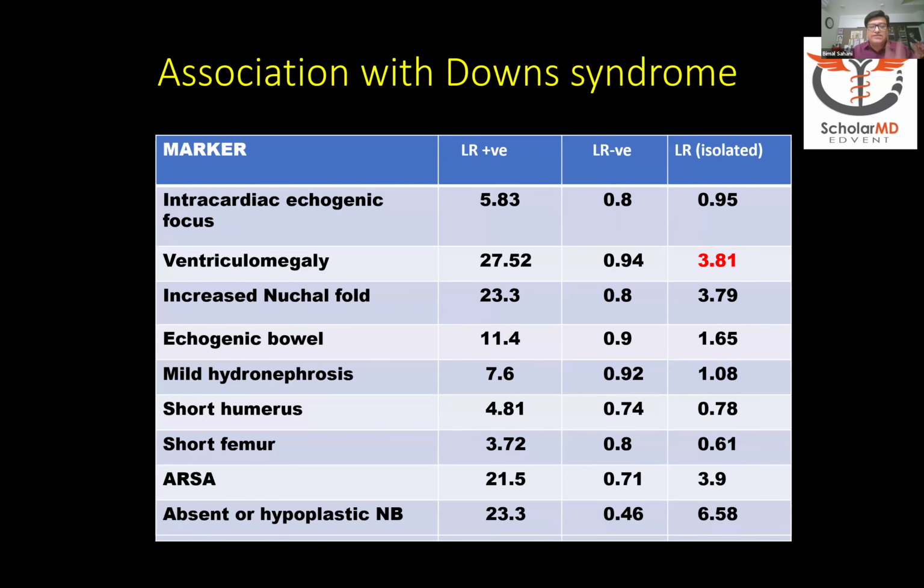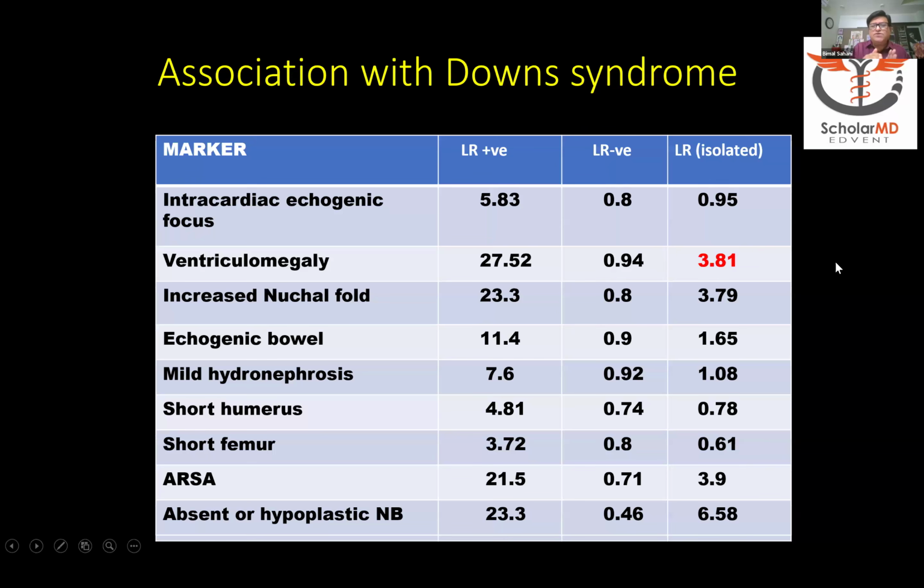Now, when I look at this chart, which all of us use for trisomy 21, the hydrocephalus study has come up with the likelihood ratio, and you will find that the likelihood ratio of ventriculomegaly as an isolated finding is 3.81.